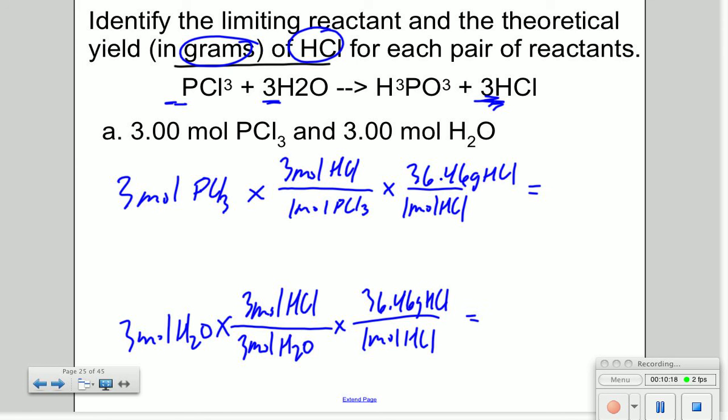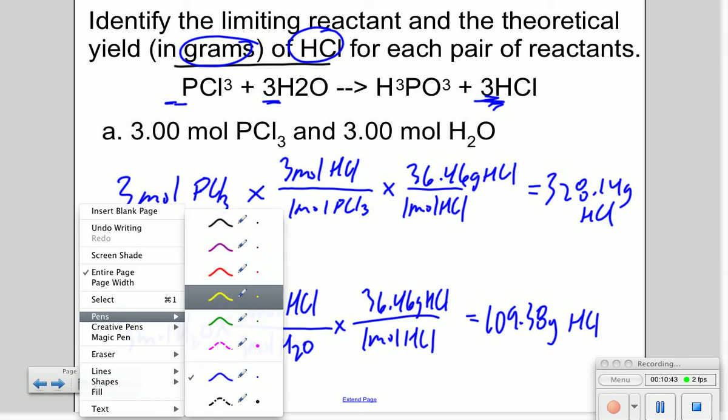Okay, let's do the top one here. 3 times 3 divided by 1 times 36.46. I get 328.14 grams of HCl. For the bottom one, 3 times 3 divided by 3 times 36.46. I get 109.38 grams of HCl.